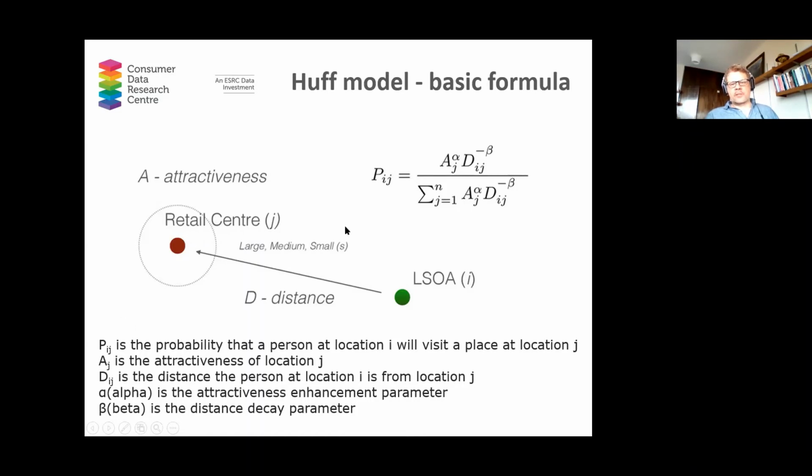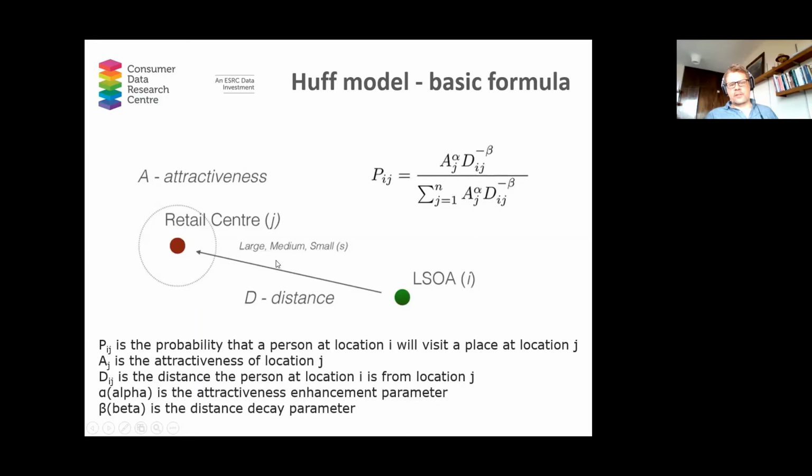And that probability is a function of the actual attractiveness of our retail center J, and the distance between where the customer lives, LSOA in our case, customer I, and retail center J.